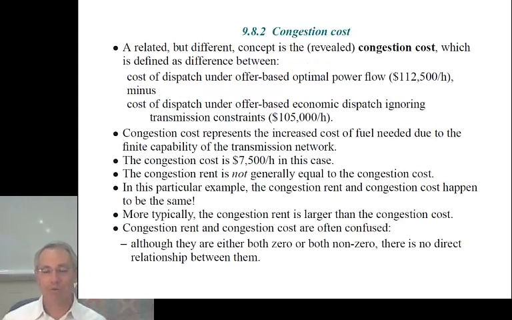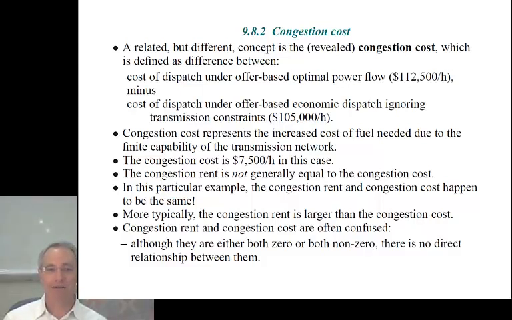Another related but different concept is the congestion cost, most properly the revealed congestion cost, because it's what the offers reflect. We're always assuming that the offers in fact reveal the true marginal costs, but precisely speaking we should call it the revealed congestion cost.